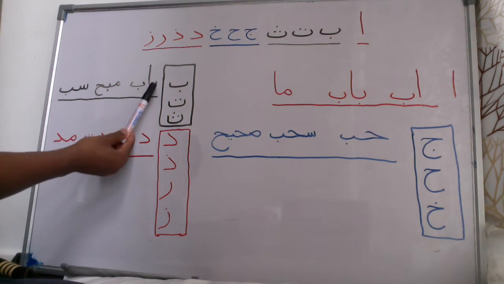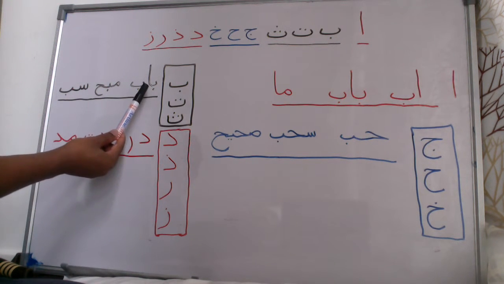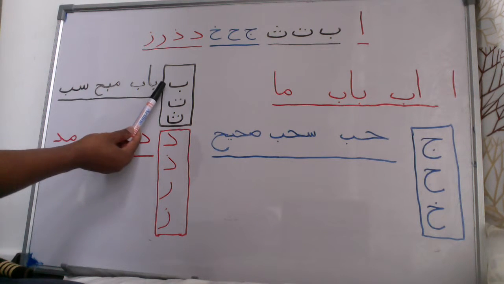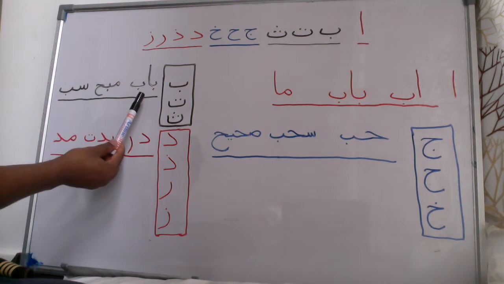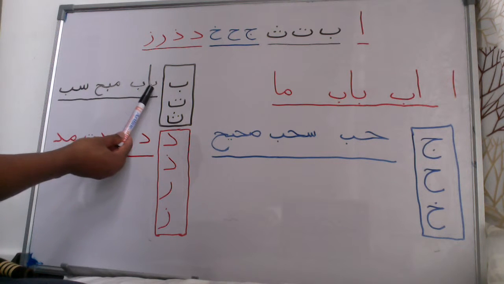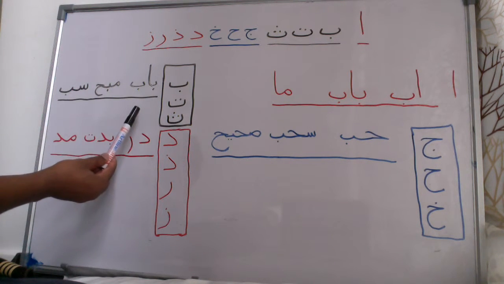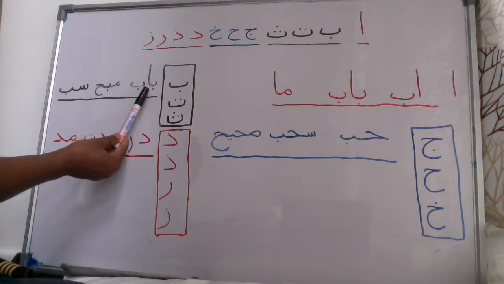So if you see here in the beginning, it doesn't really lose what we would call a tail. It doesn't really lose it. It's connected to any letter following it, and the dot is put directly beneath it.